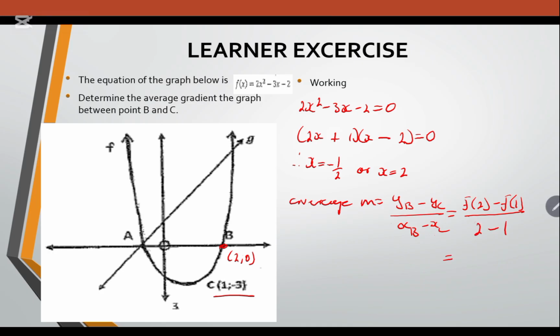And what is f of 2? f of 2 is 0, minus f of 1 which is negative 3, divided by 2 minus 1 which is 1. So this will be 3. So the average gradient of this graph is 3.